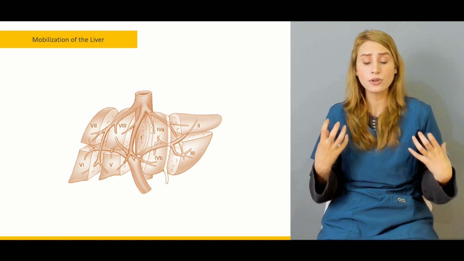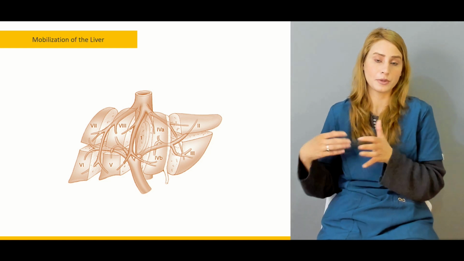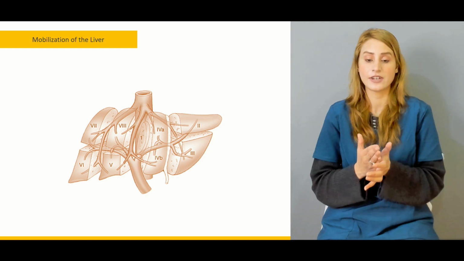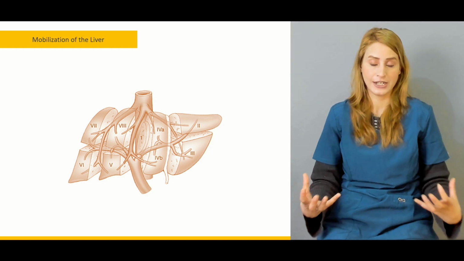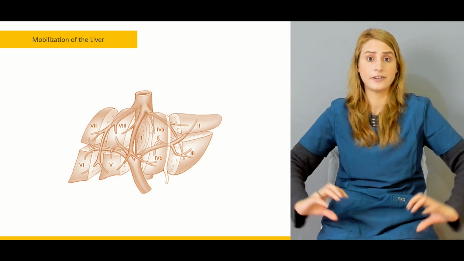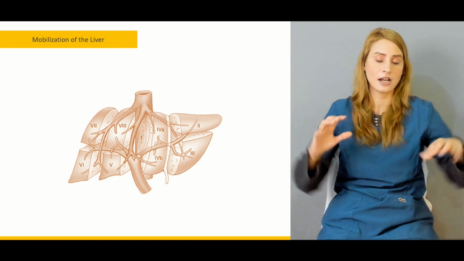These are common when they're outside the hilum, but after entering the hilum, they divide into right and left branches and pass to the different segments, dividing into three anatomical divisions, and then coming to the eighth segment.